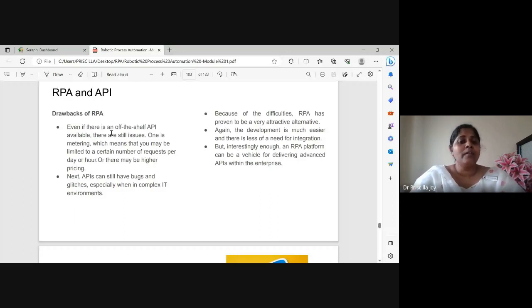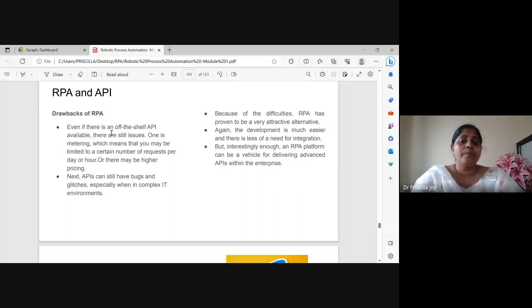And the third might be that there might be some other APIs available which we might find more attractive than this kind of RPA. So that is another disadvantage. And the development process is easier when compared with the integration part.